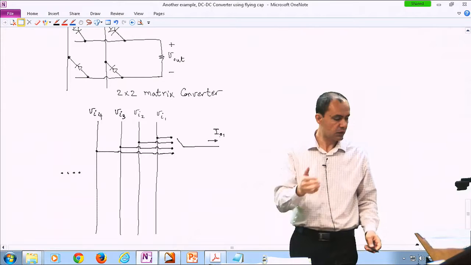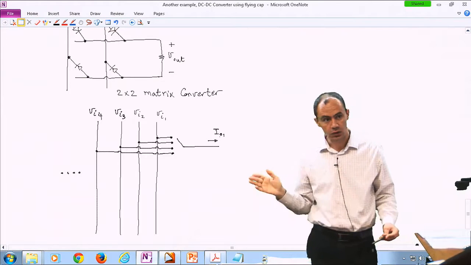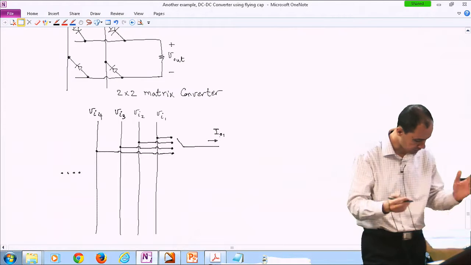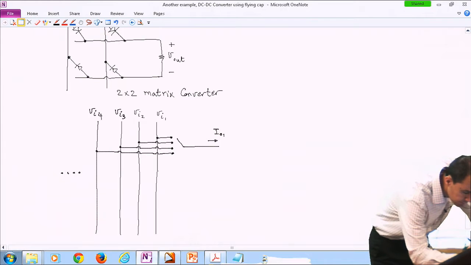And we have several of these lines on the output depending on your load. Is it a 3-phase load, single-phase load, 5-phase load, whatever it is.